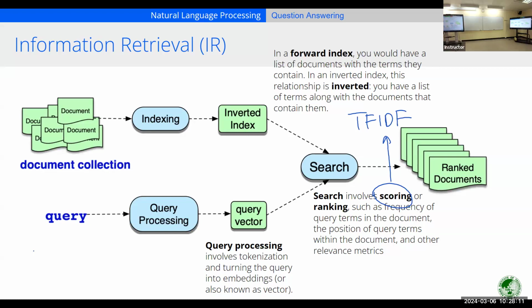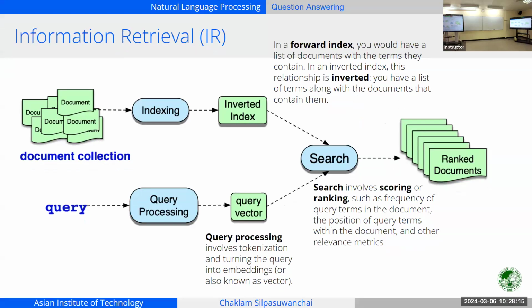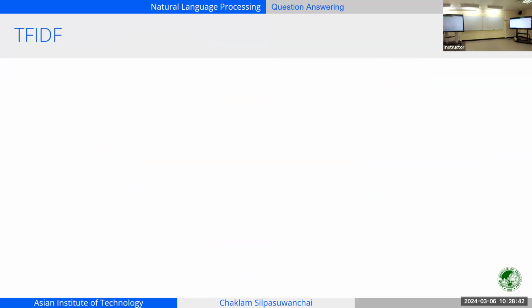Of course, this is not the best way, but I always tell my students, whenever you code anything, you need to code the baseline first. Successful students I found always go simple first, and then go slowly, more difficult, more difficult. But unsuccessful students are too ambitious. They just start with neural networks, BERT, BERT large, and then they always fail because they don't know what they are doing. So you start simple first. That is TF-IDF.